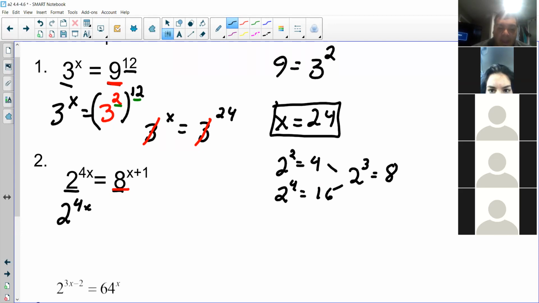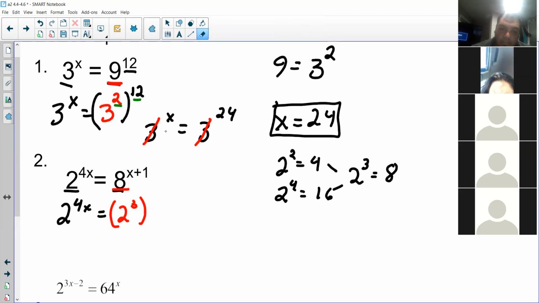So 2 to the 4x, normal. This 8 becomes 2 to the 3rd power. But you can't forget that old exponent that was there originally, so x plus 1.